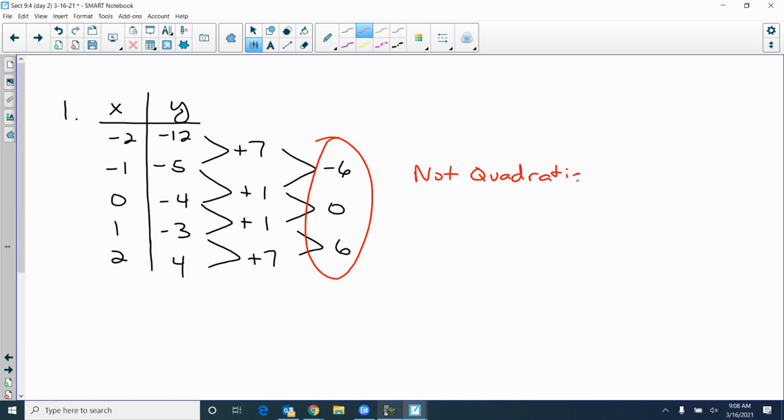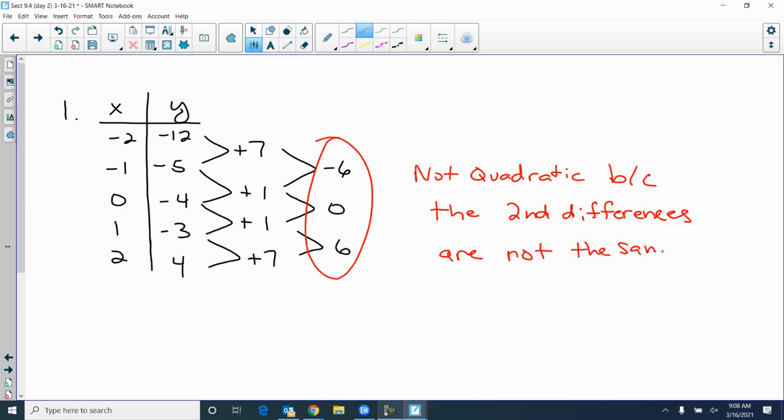Not quadratic, because the second differences are not the same.